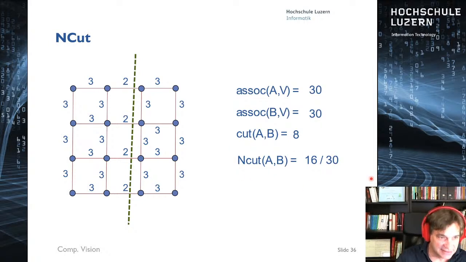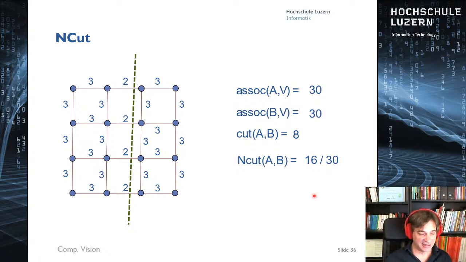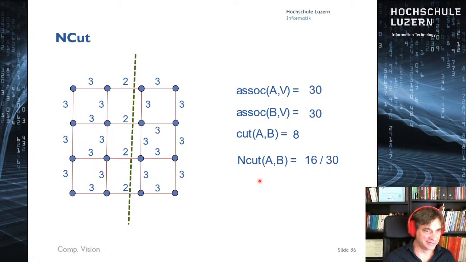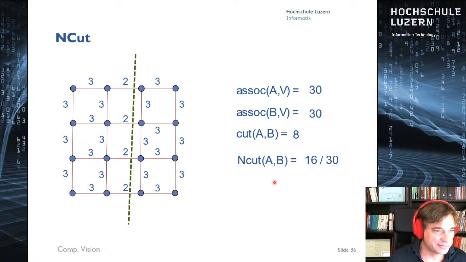And this then gives you the value of the normalized cut between A and B. Now if you would calculate the same for a corner here, this time for the corner you will not get a better value, mainly because the association inside the corner is not so great here. So in that case the normalized cut algorithm would find this optimal cut between A and B here.